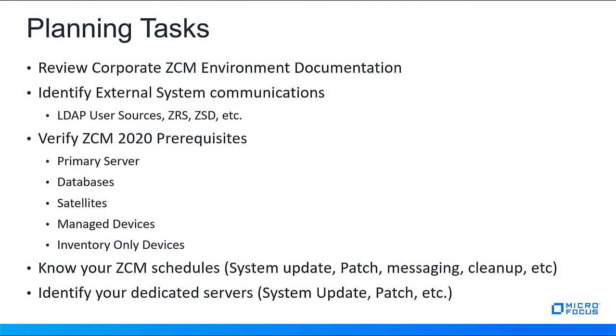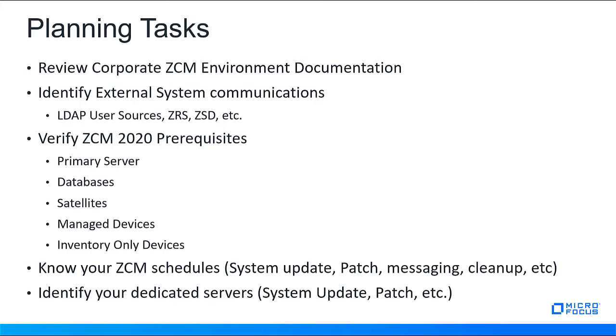Planning tasks. Again, review the corporate ZCM environment documentation, and identify the external system communications, LDAP, user sources, and so forth. Verify the ZCM 2020 prerequisites: the primary server, the databases, the satellites, managed devices, and even inventory-only devices if you're doing that.